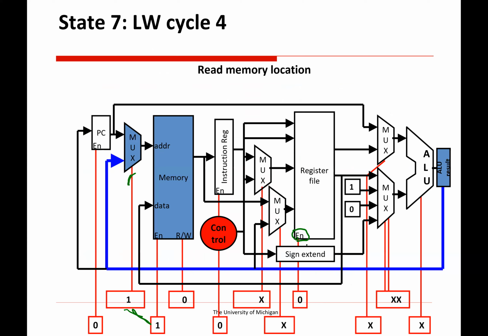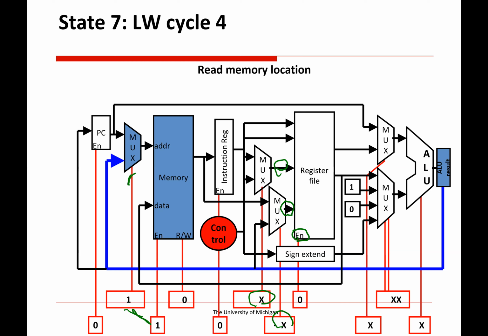The register file is not enabled. So whatever index we have here that we're writing to, it's not going to have any difference, right? Because this is not enabled, so we're not going to update the state of the register file. So that means that when we're setting these muxes here, whether it's a 1 or a 0, it doesn't matter. We're just sending different data that's going to get ignored anyways.